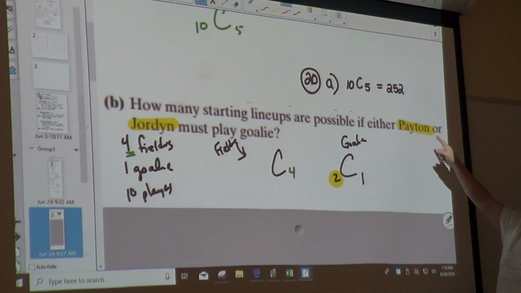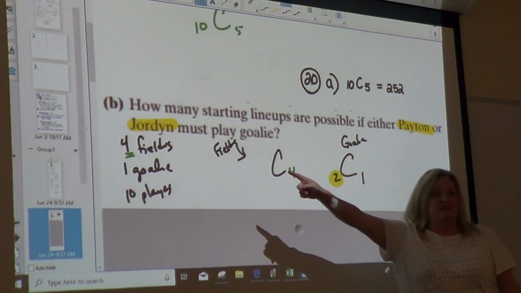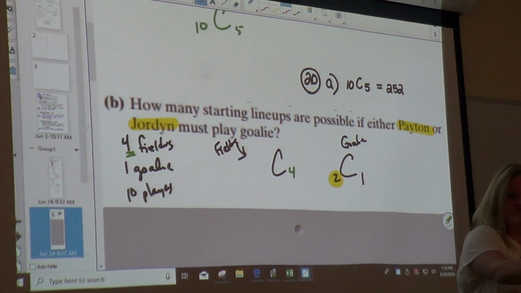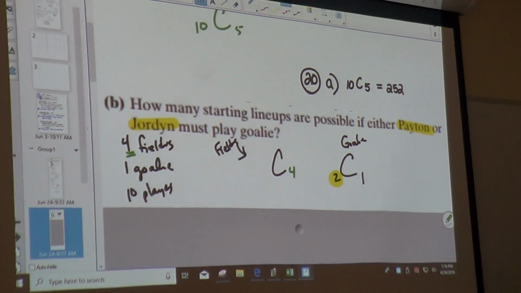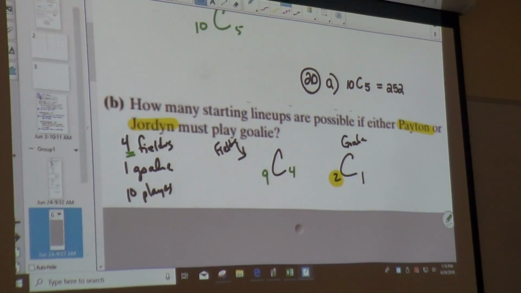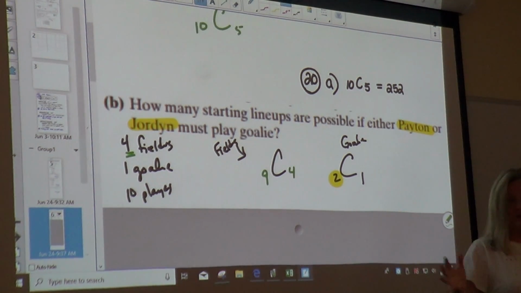Even if we put Peyton as a goalie, Jordan can still go out there and field. So we got 9 players left, because goalies can still play on the field, but fielders cannot play goalie, because you have to be really good.